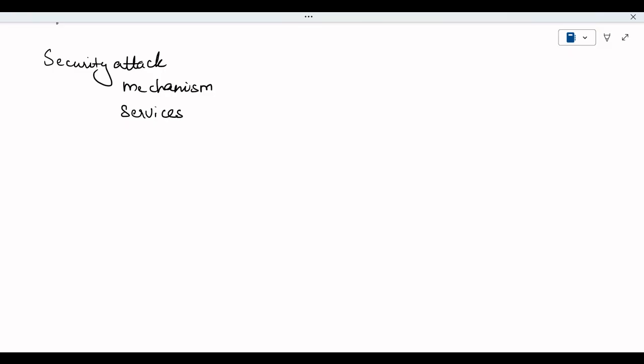When we talk of the security attack, consider a scenario of a post office. Let us consider I am going to send a letter to my friend. I am in place A and my friend is in place B. We are going to have a look into the traditional post office mechanism.